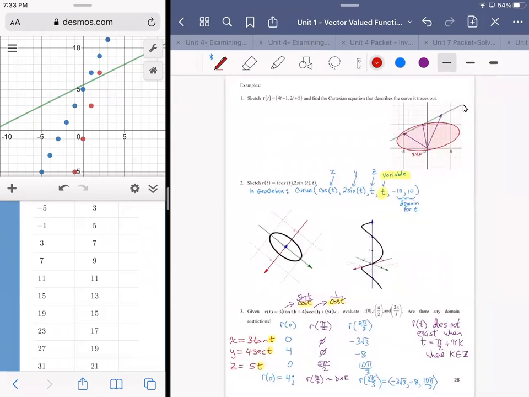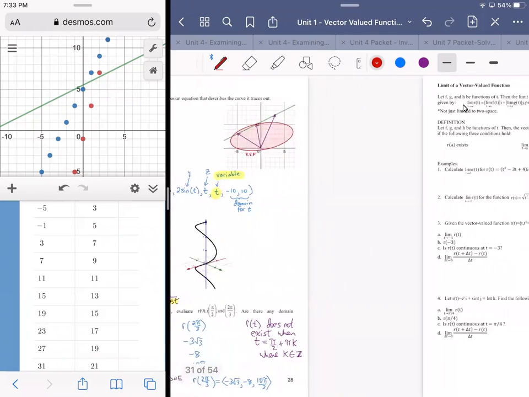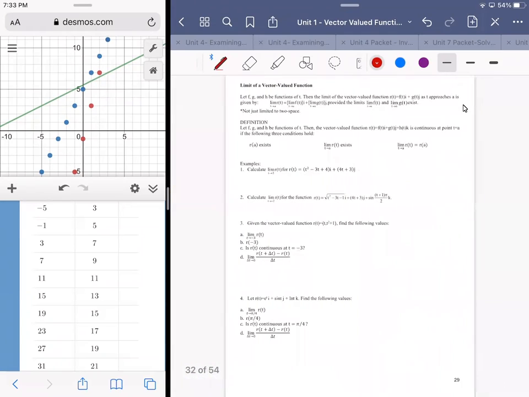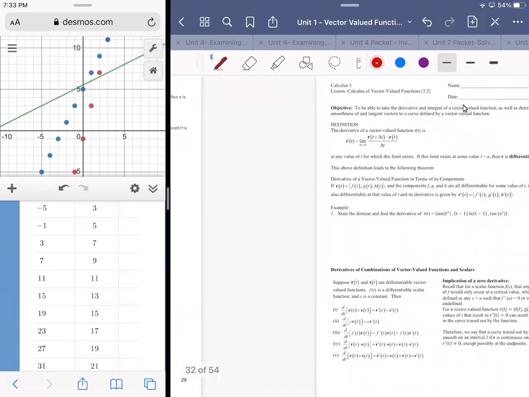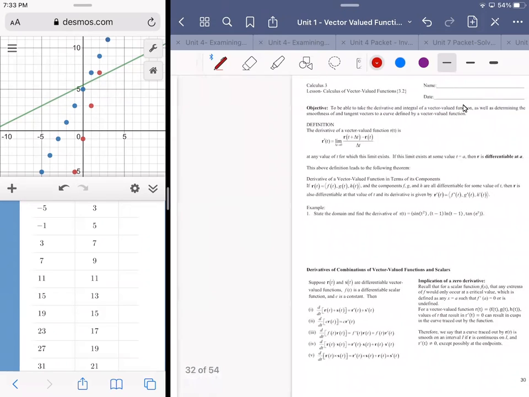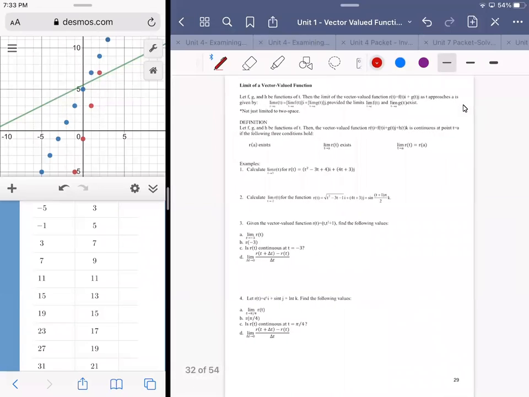So that brings us to the limits and derivatives in the calculus of vector valued functions. It's actually very simple, because all you're doing when you're finding a limit, and I'll make complete videos for this so that you can look at the solutions.